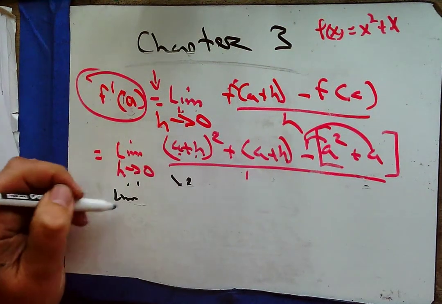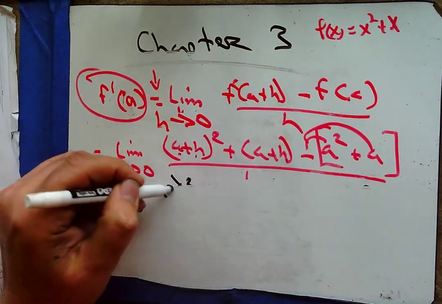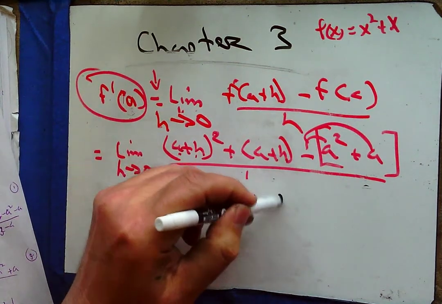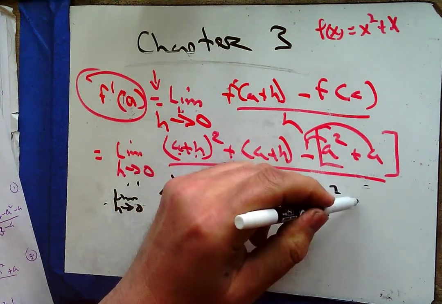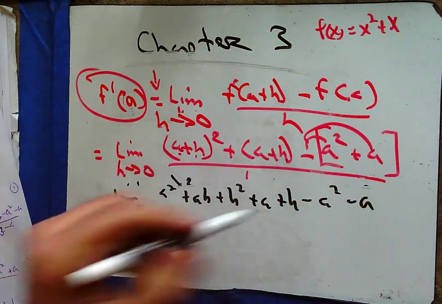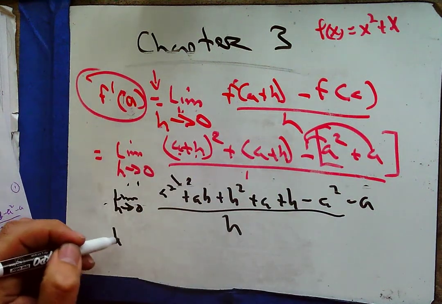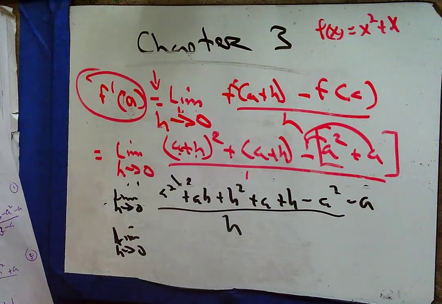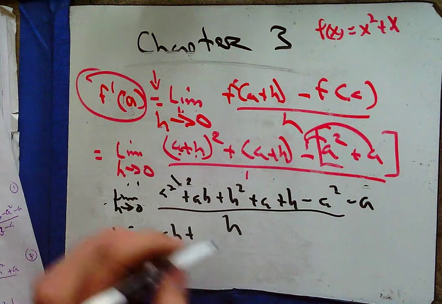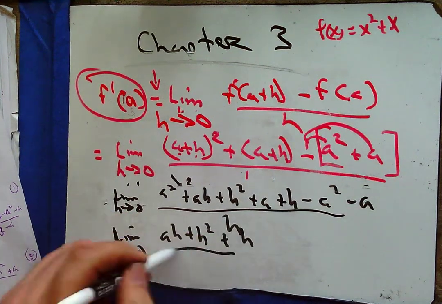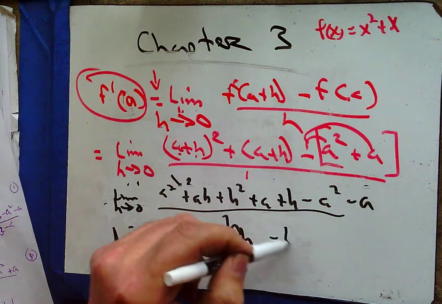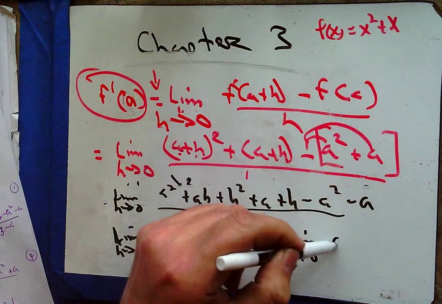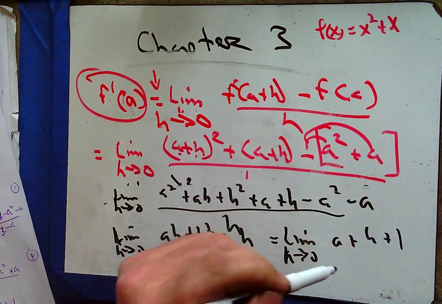They said the limit as h heads to 0 of a squared plus ah plus h squared plus a plus h minus a squared minus a all over h, and then they combined like terms and said the limit as h heads to 0 of ah plus h squared plus h over h. And then they said that was the limit as h heads to 0 of a plus h plus 1.